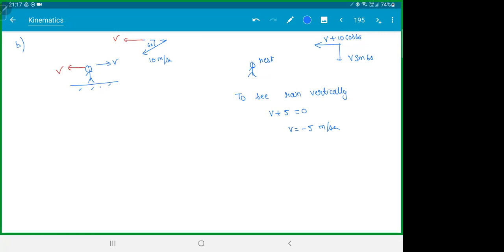Clear? What about the C part? C part, the story is the same. If you stop the man, he will think it is going forward with how much is this? Minus V, minus 5. And this would be V sine 60. Sorry, this is 10 sine 60. And you want to see this angle here at 45.